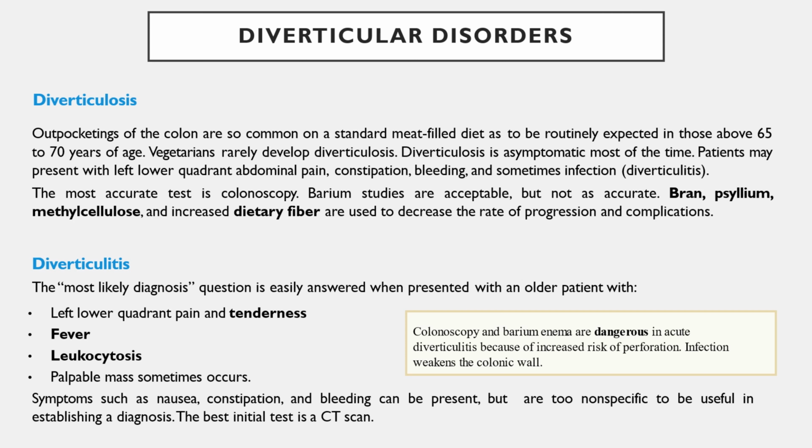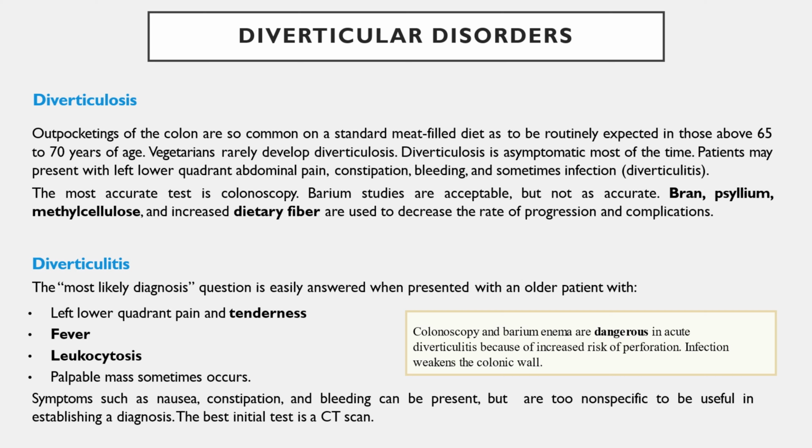We need to know that diverticulosis is asymptomatic most of the time. Patients may present with left lower quadrant abdominal pain, constipation, bleeding, and sometimes infection, or diverticulitis. The most accurate test is colonoscopy.